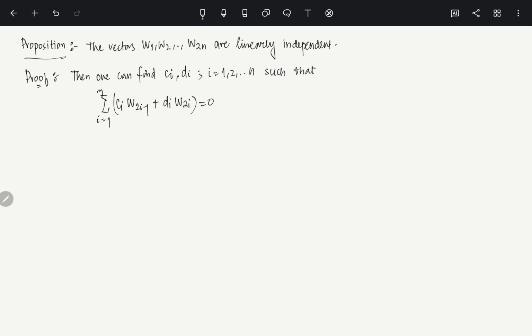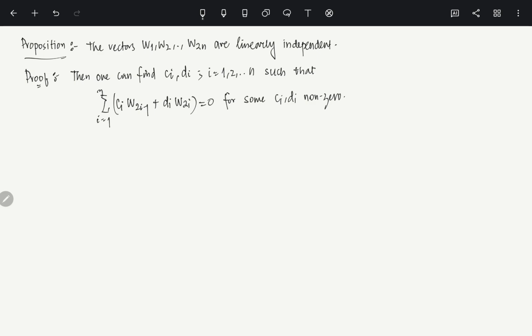If they are not linearly independent, then this has to be 0 for some c_i, d_i non-zero. Essentially you can find a non-zero c_i or d_i, it doesn't matter, at least something has to be non-zero, such that this relation holds.